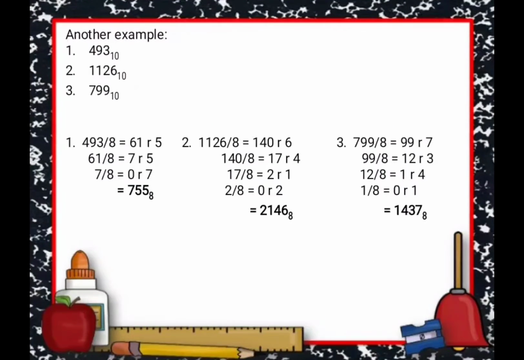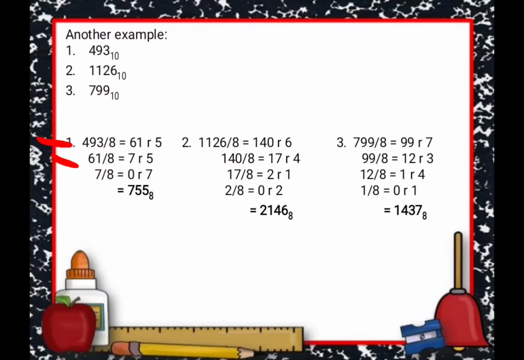So we have here 493 with a base of 10, convert it into octal number. We have 493 divided by 8. We have 61 with the remainder of 5. 61 divided by 8, we have 7, remainder of 5 again. 7 divided by 8, we have the quotient of 0 with the remainder of 7.